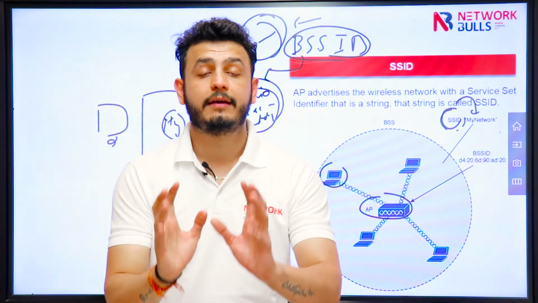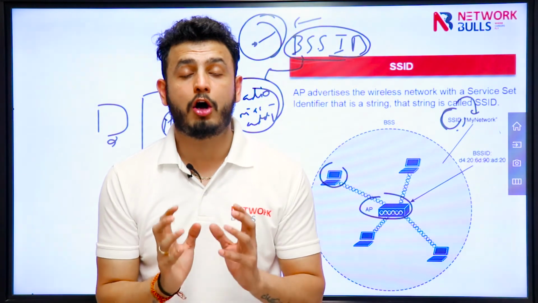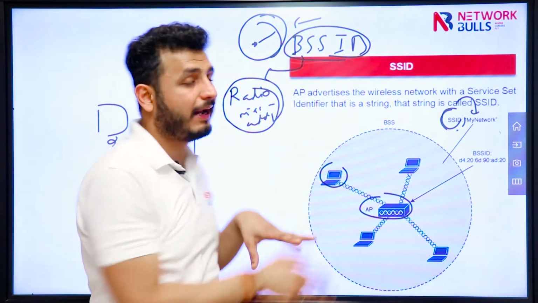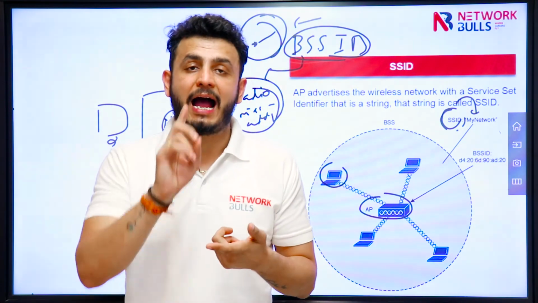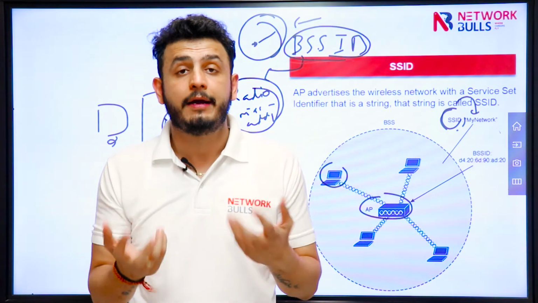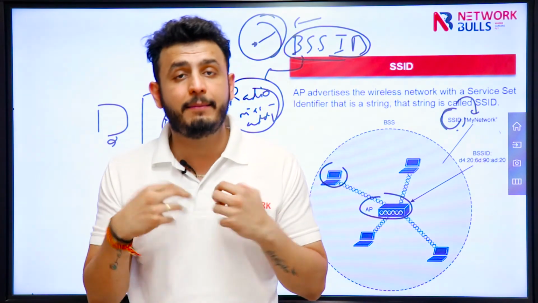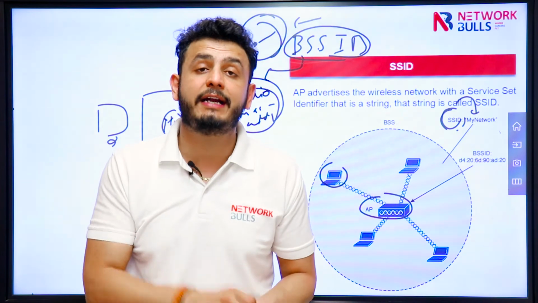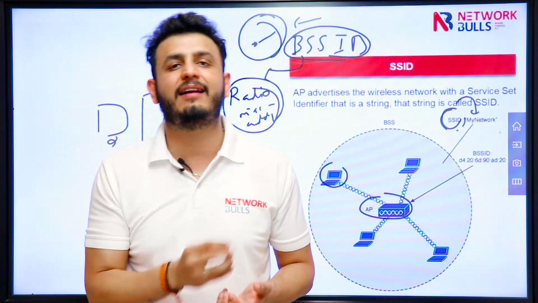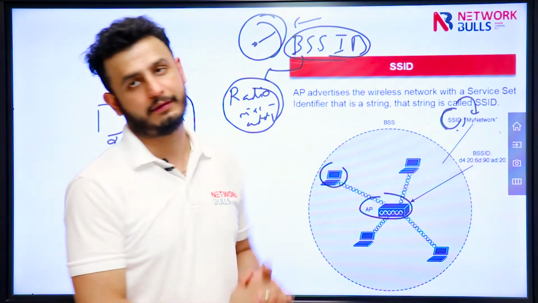Now the question is, does an AP have a unique BSSID? An AP has one BSSID that is defined. When you create multiple SSIDs on the same AP, it will also create multiple BSSIDs by changing the last hexadecimal value in the MAC address.